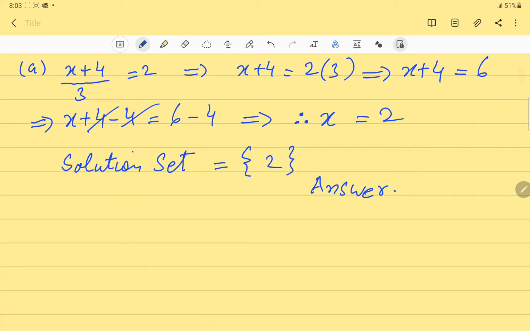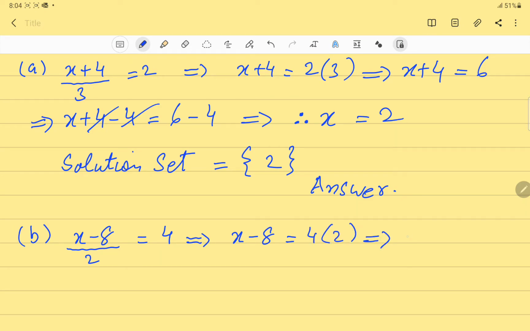Let's go for the second one. Second question. It is x minus 8 over 2 is equal to 4. Almost the same type as the first one. We will cross multiply 2 with 4. x minus 8 is equal to 4 into 2. So x minus 8 is equal to 8. 4 into 2 is 8.